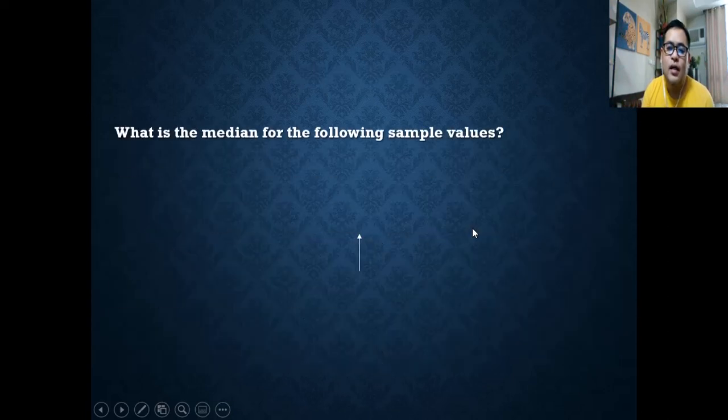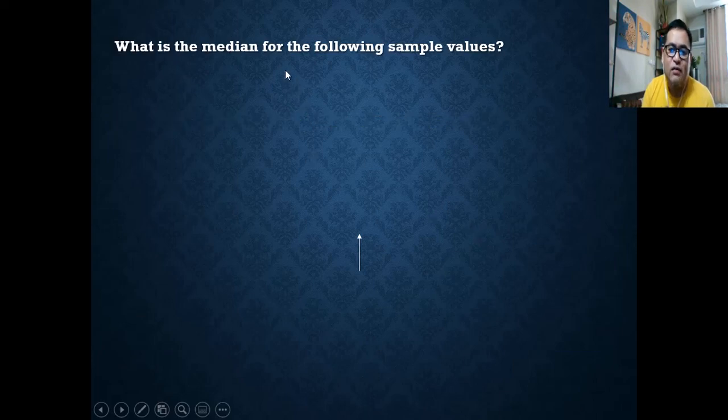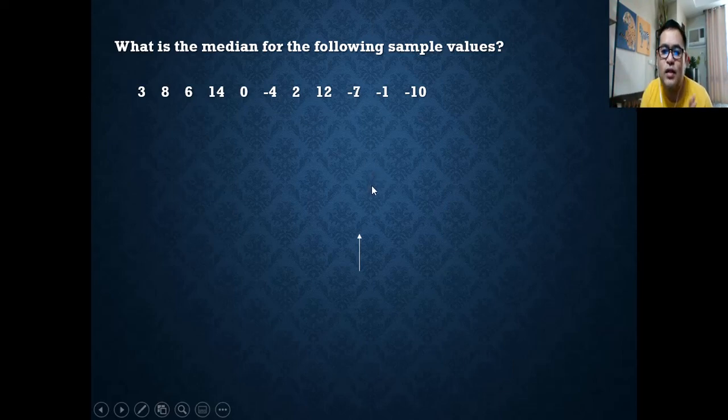What is the median for the following sample values? I have this row of data also: 3, 8, 6, 14, 0, negative 4, 2, 12, negative 7, negative 1, negative 10. How are we going to find the median? We define the median as the center of the raw data.